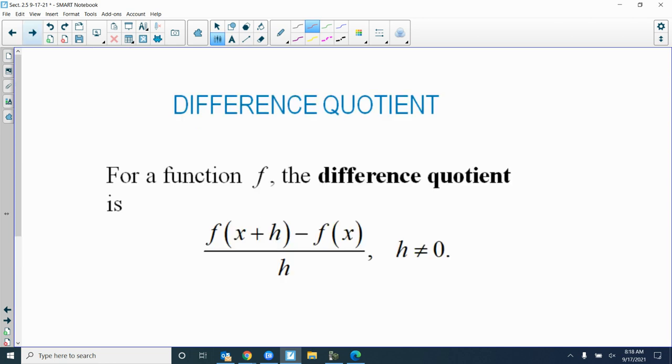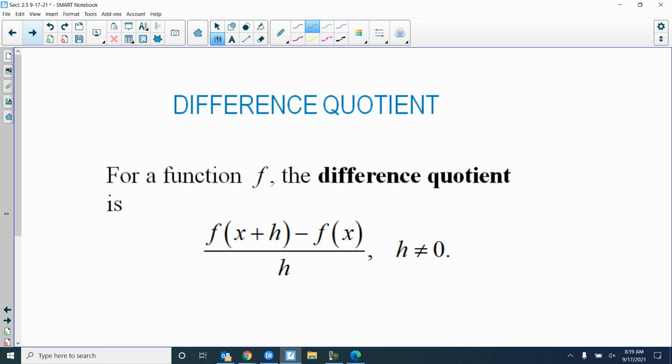All right, last thing we need to hit. It's called the difference quotient. Okay, for a function f, the difference quotient is f of x plus h minus f of x all over h. At this point, you're not going to understand this, and this is kind of a little bit of a lead up to calculus.